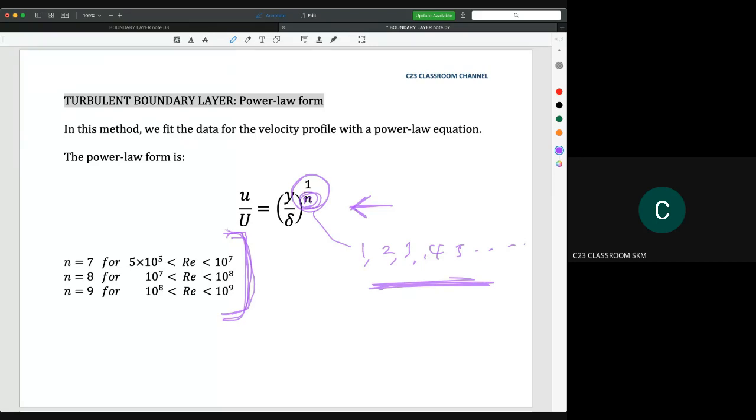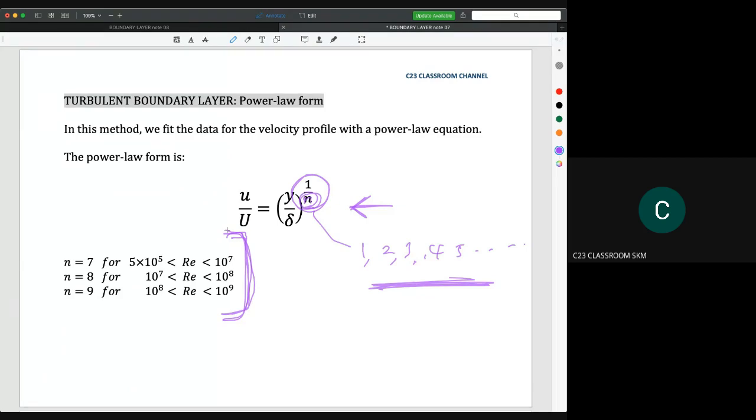So the compressibility effects come in, then the idea of boundary layer needs to be changed. The compressibility effect needs to be considered in your boundary layer calculation. That's why, because in this chapter we are focusing only on calculating the turbulent boundary layer, we need to at least limit our range of Reynolds number.